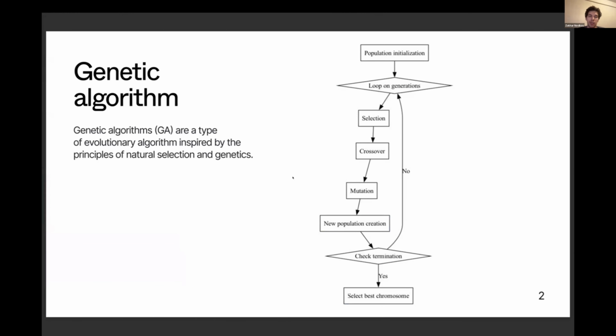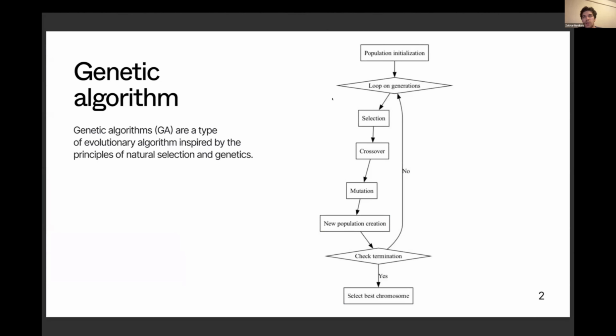One way to tackle black box optimization problems is a genetic algorithm. Genetic algorithms are meta-heuristic methods inspired by natural evolution. They provide a powerful framework for searching through complex unknown solution spaces. On this slide, you can see a block scheme of the genetic algorithm.